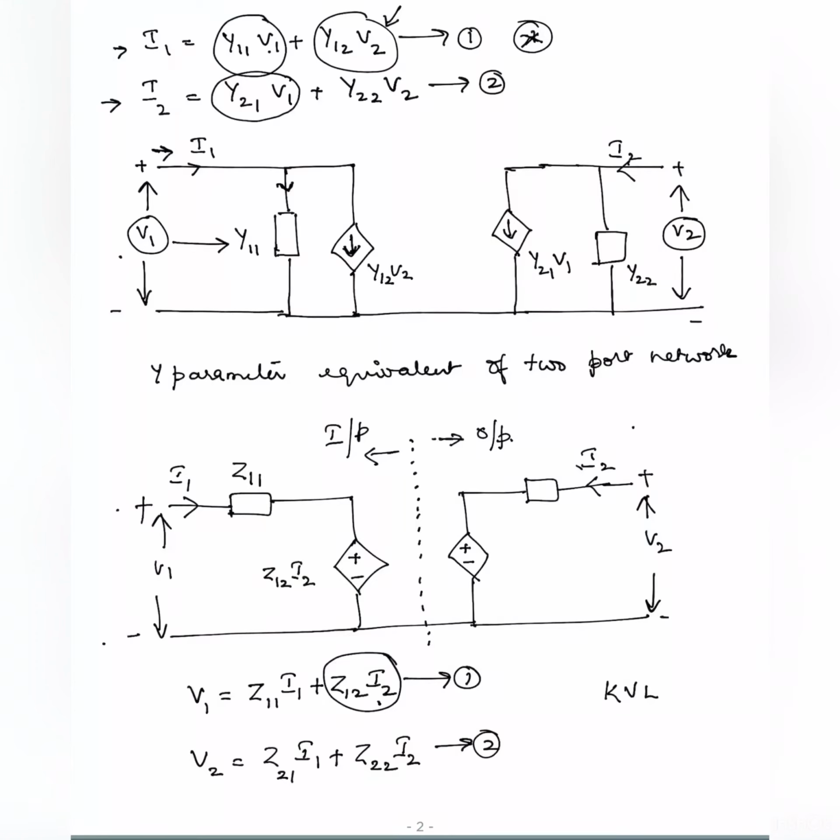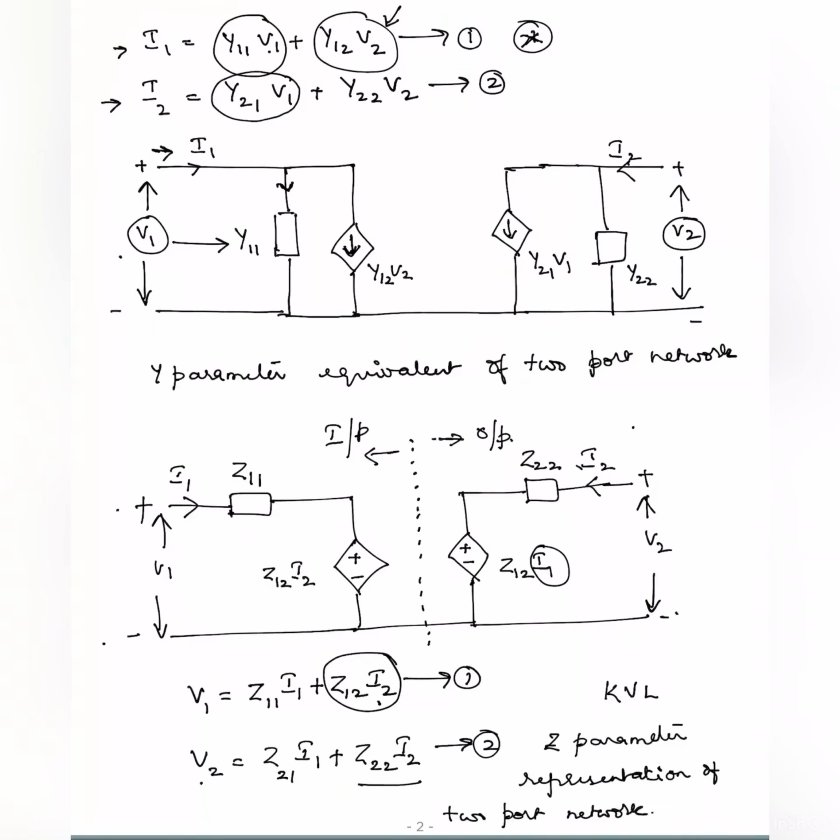Here on the output side you will have v2 and you will get z22 i2. And this would be z21 i1, just because i1 is part of the input circuit, so you can represent it only by the dependent voltage source with the value z21 i1. So this is the z parameter representation of a two port network.